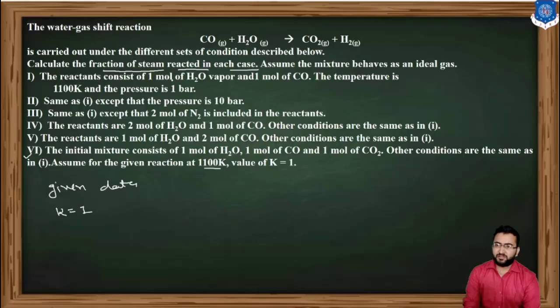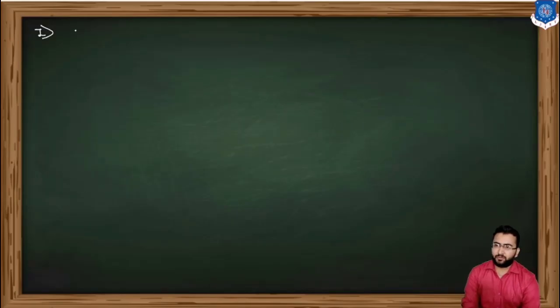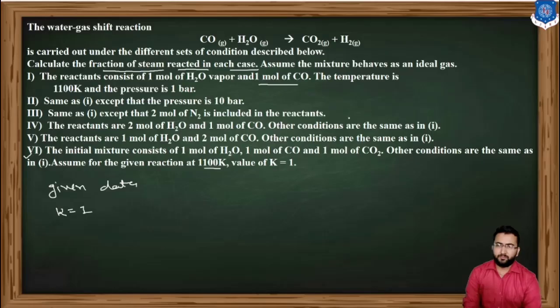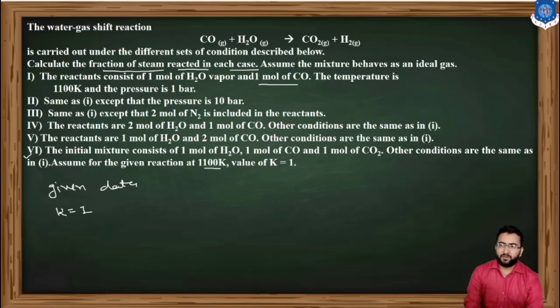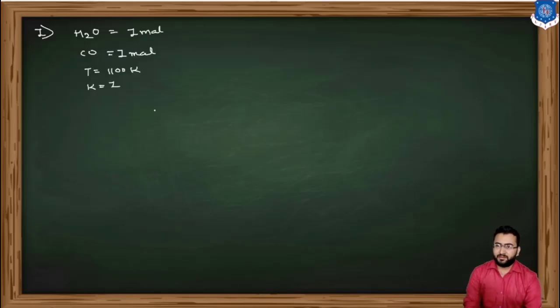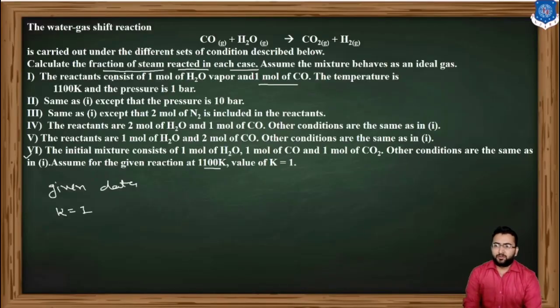The reaction consists of 1 mole of H2O, so H2O is 1 mole, then 1 mole of CO, so CO is equal to 1 mole. Temperature T is equal to 1100 Kelvin and K is equal to 1 for each case. And pressure is 1 bar, P is equal to 1 bar. So we have to calculate the fraction of steam.